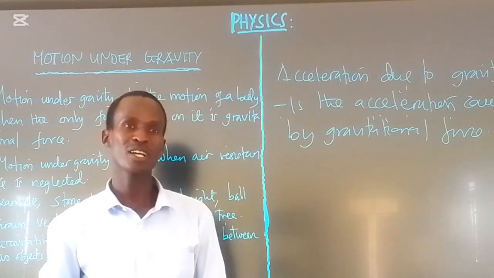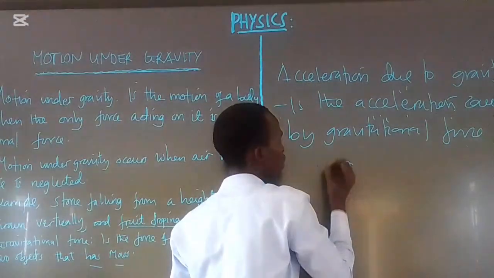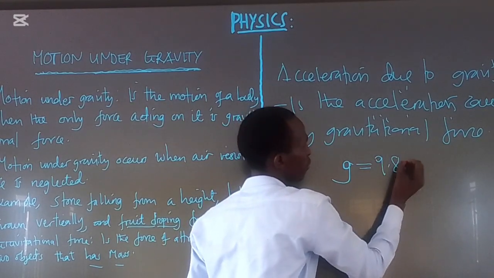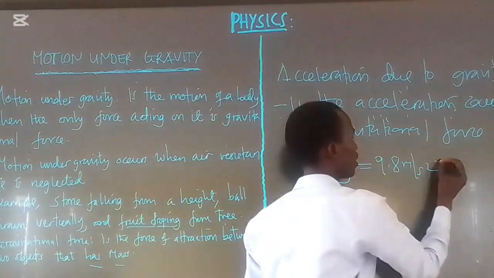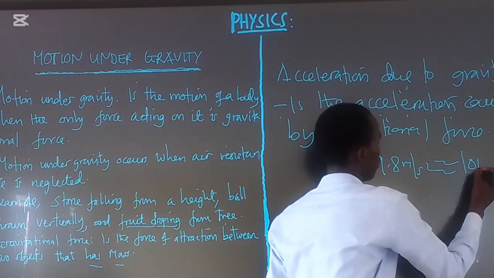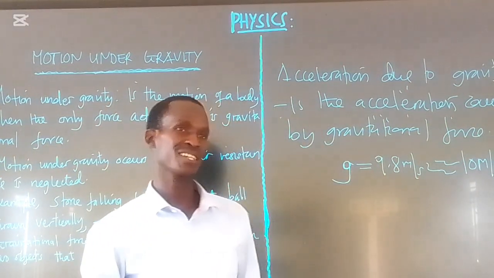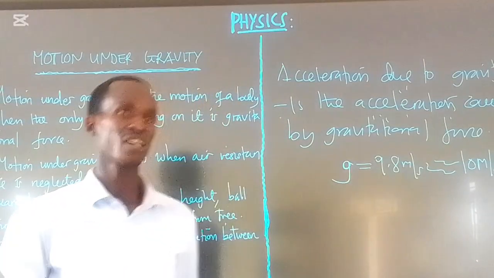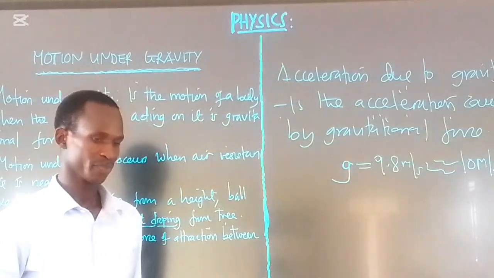Its value is approximately 9.8 meters per second squared, or we can approximate it as 10 meters per second squared. This is the value of acceleration due to gravity. It is always constant on the Earth's surface.